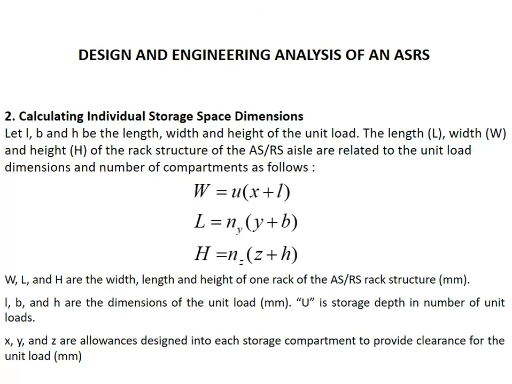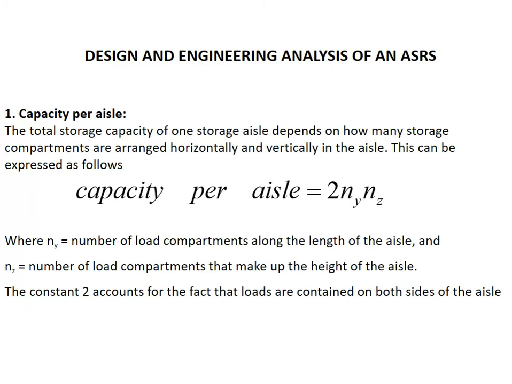So basically we have this capacity per SL. SL is nothing but the distance between one particular rack and the first rack in the second row. How much capacity there is, is decided by using this particular formula, where N is the number of load compartments along the length of the ASL, and this is through the height.